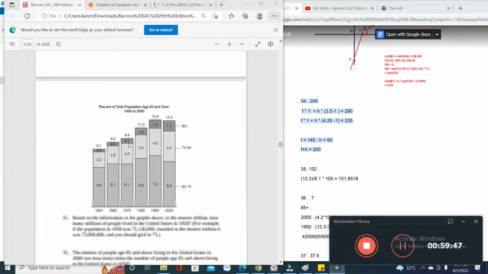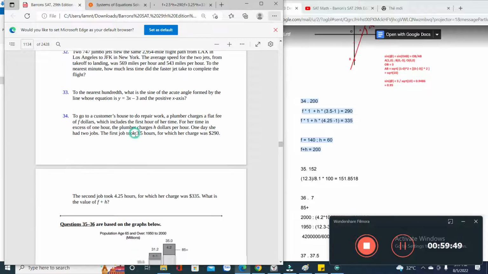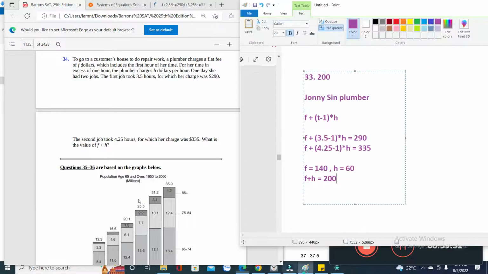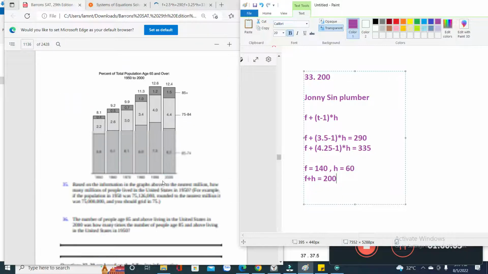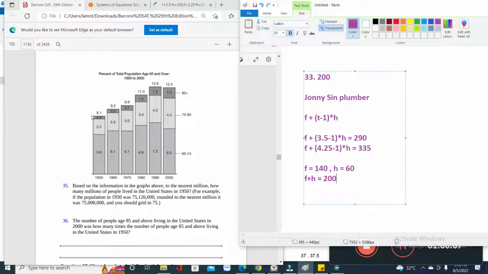So 35, we have 2 charts here. We have the population age 65 and over in millions, with the age range from 50 to 2000 in each decade, and the total population age 65 and over, also in millions.